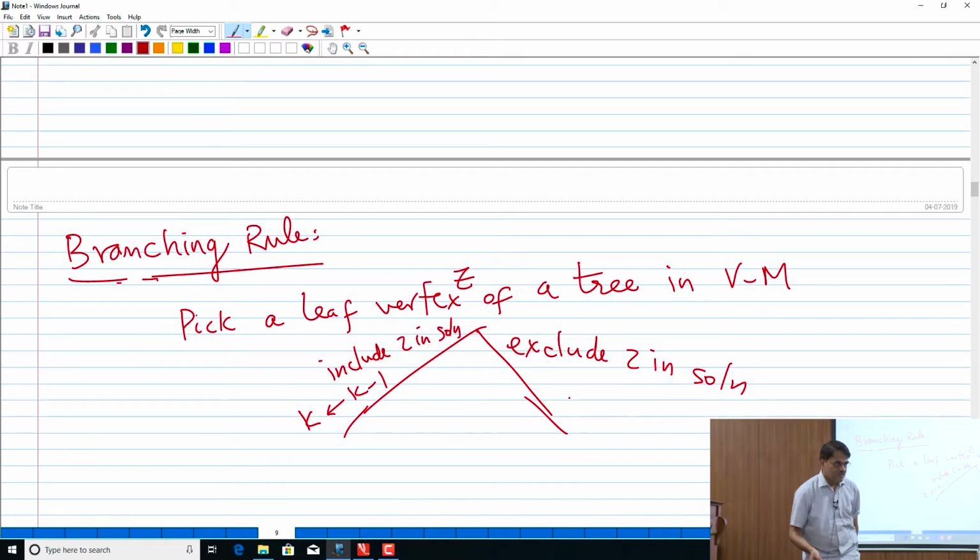k does not drop, which is a problem, right? Because all our analysis of running time in branching algorithms hinged on the fact that in every branch k dropped, so your height is bounded by k. If k doesn't drop, then it can just remain like this forever, and you have no control on the height of the tree. But we will analyze it carefully and argue that something else drops, not k but something else.